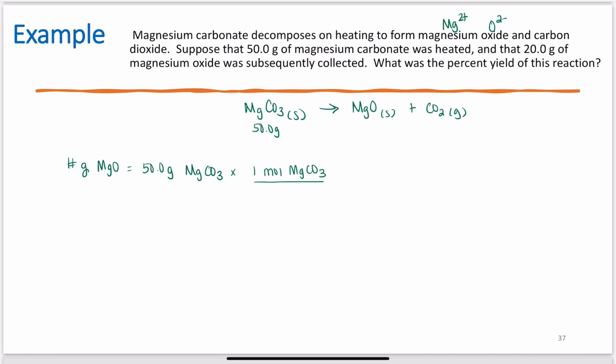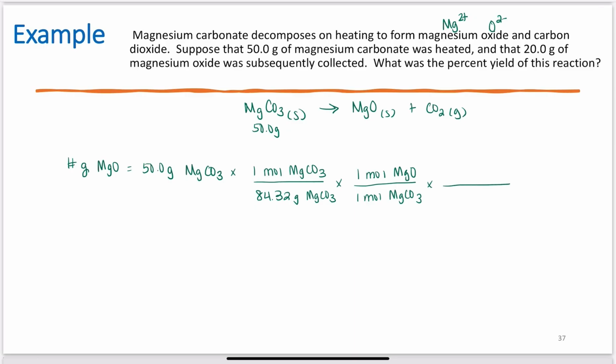One mole of magnesium carbonate has a molar mass of 84.32 grams. Based on the balanced reaction, everything's 1-to-1. You still have to show this though, because it's the correct conversion. 1 mole of magnesium oxide is produced for every 1 mole of magnesium carbonate consumed.